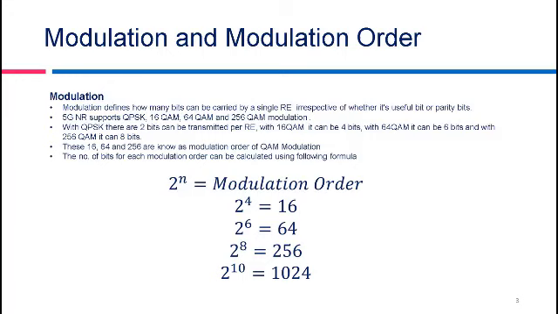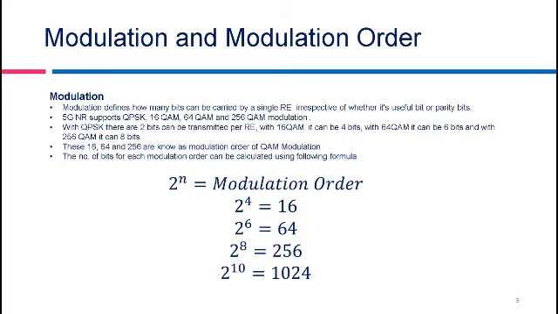Modulation. Modulation defines how many bits can be carried by a single resource element, irrespective of whether it is a useful bit or parity bits. 5G NR supports QPSK, 16 QAM, 64 QAM and 256 QAM for the data channel, or say PDSCH channel.